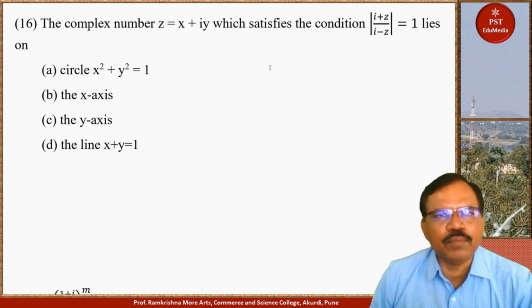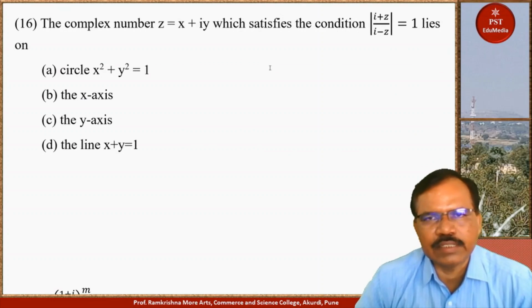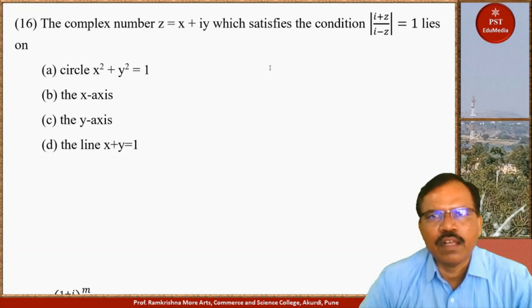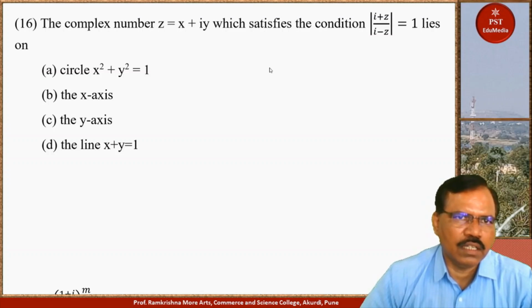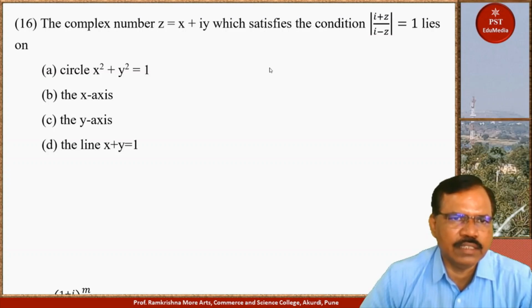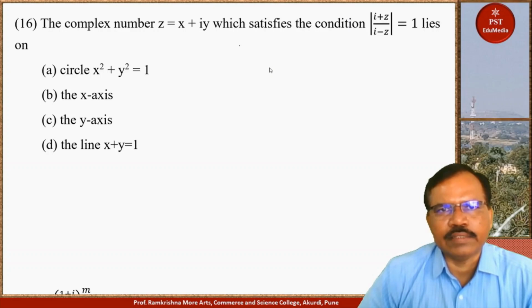The complex number z is equal to x plus iy, we satisfied the condition. Modulus of i plus z upon i minus z is equal to 1 lies on circle x square plus y square is equal to 1, the x-axis, the y-axis, the line x plus y is equal to 1. We have already said.